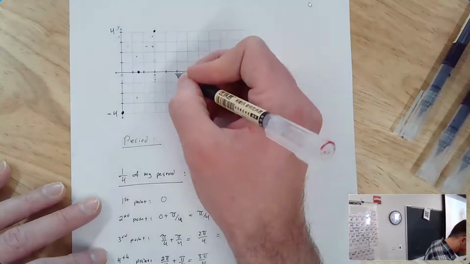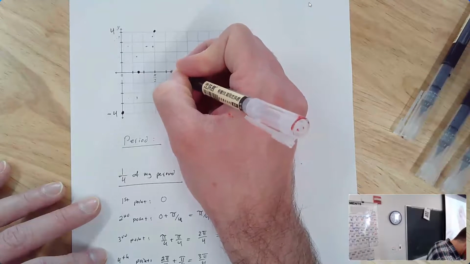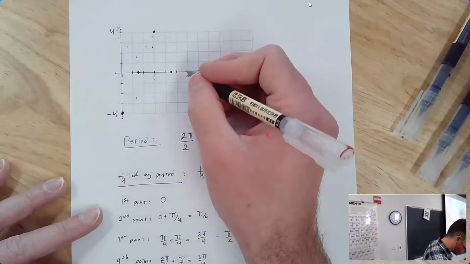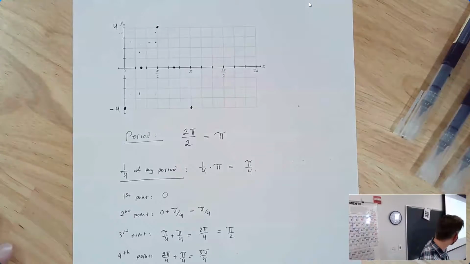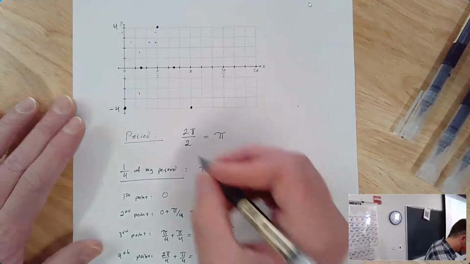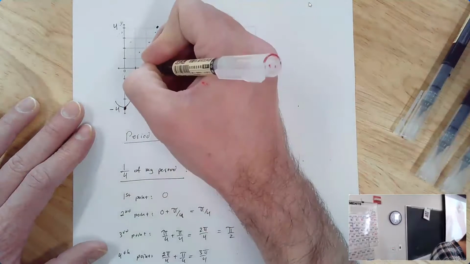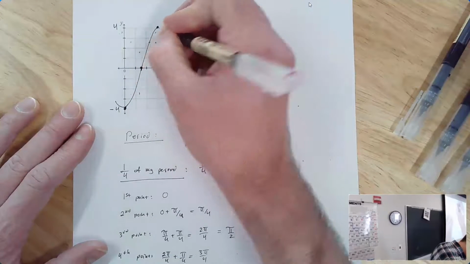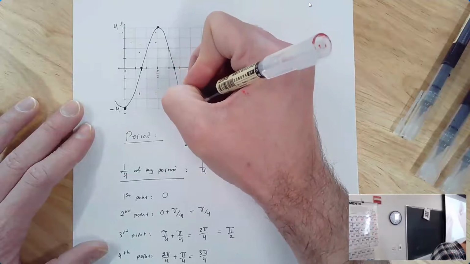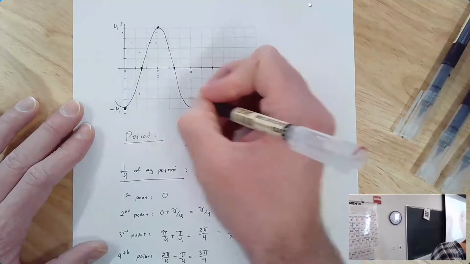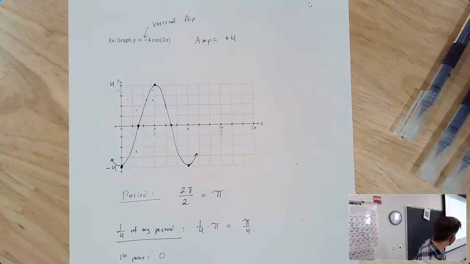And the next point is going to be at 3 pi over 4, which is halfway between pi over 2 and pi, in the middle again. And then the last point is going to be at pi, it's going to be -4. It's going to look pretty steep. There's one period of -4 cosine of 2x.